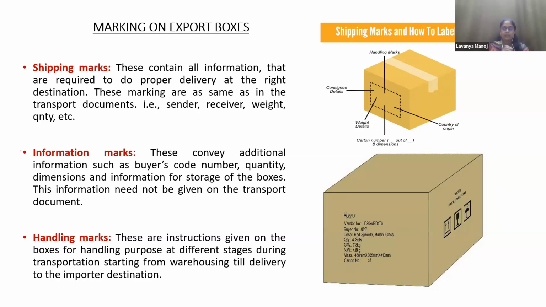That code would have been acquired by that buyer, and that buyer would have registered that code with the port authorities, with the port compliance. So by seeing just the buyer's code, the port authorities will immediately understand this is a specific buyer.